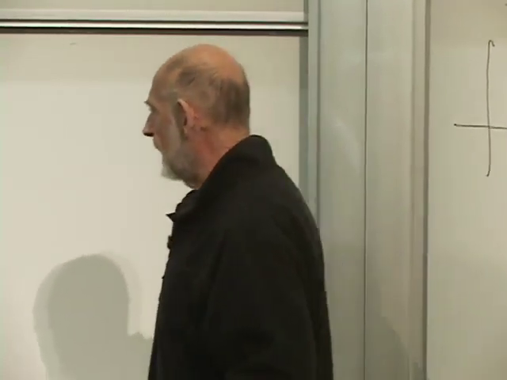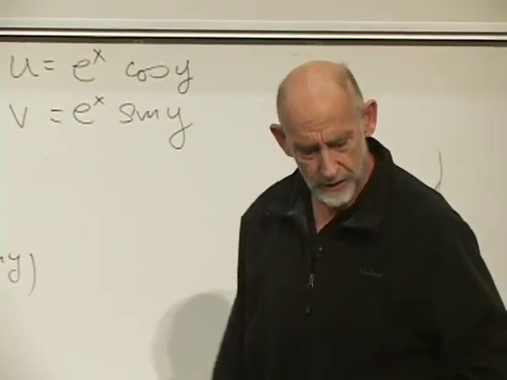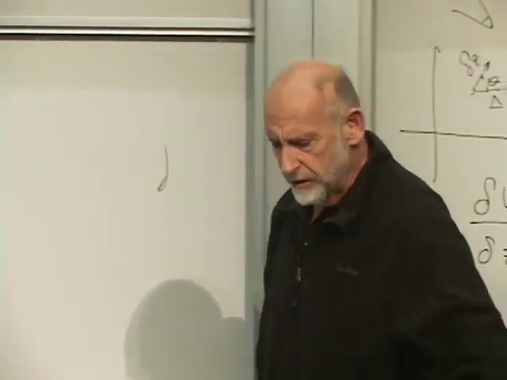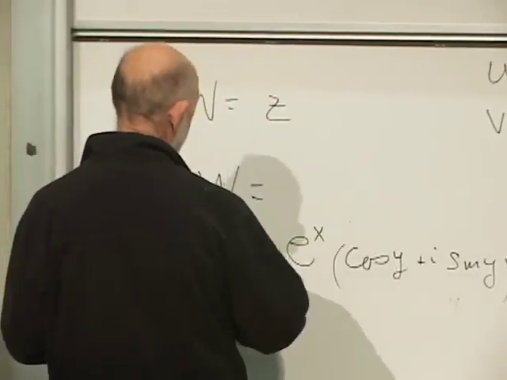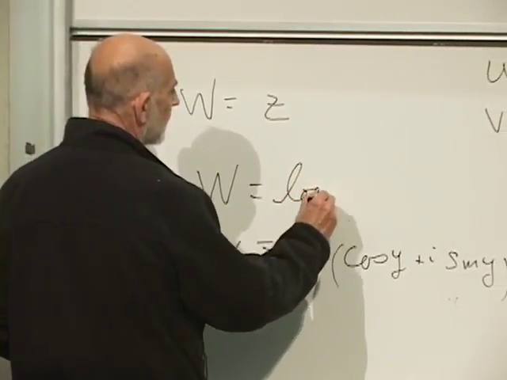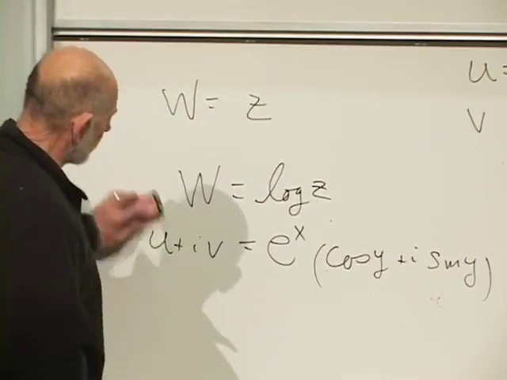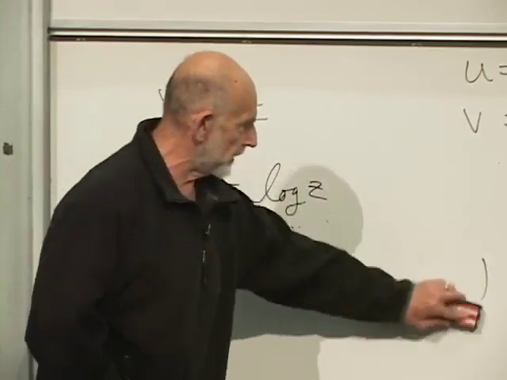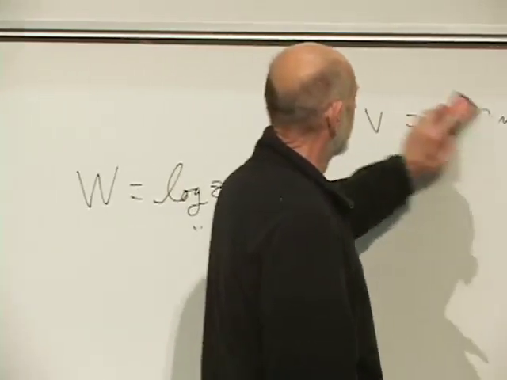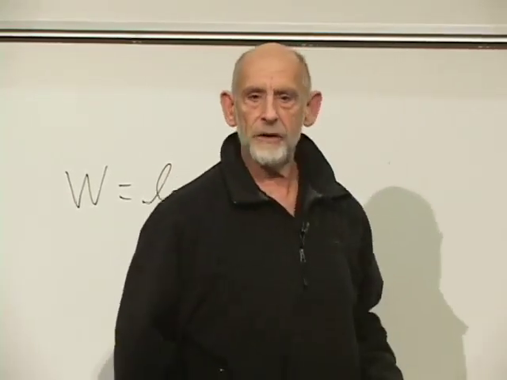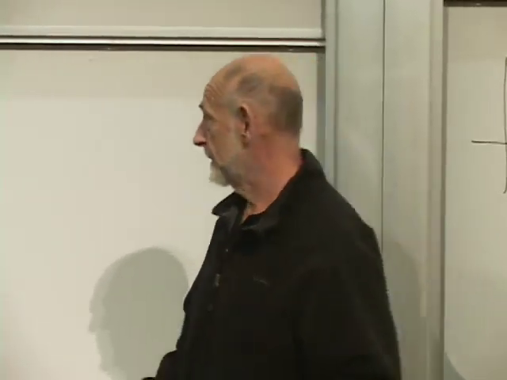Okay, I took w equals e to the z. Let's take w equals logarithm of z. That's the inverse function. And let's see if we can see how this mapping works. This is an important mapping in string theory.